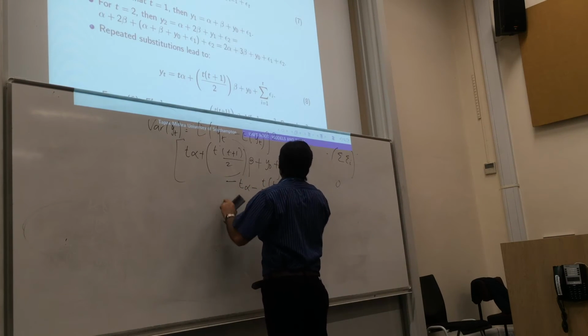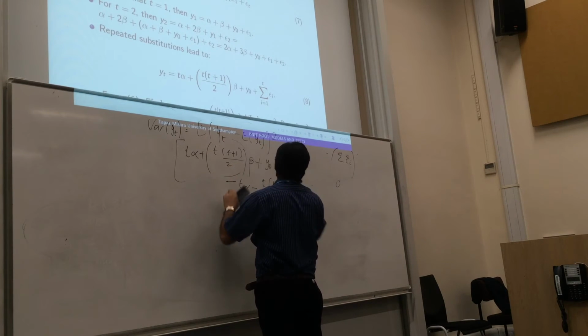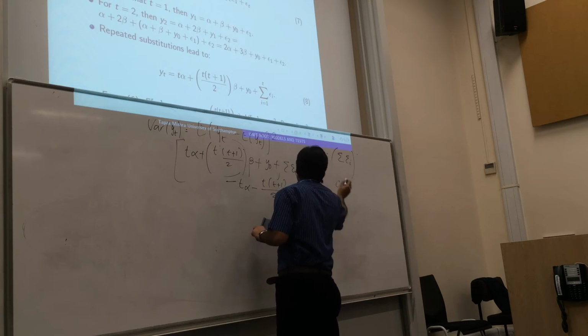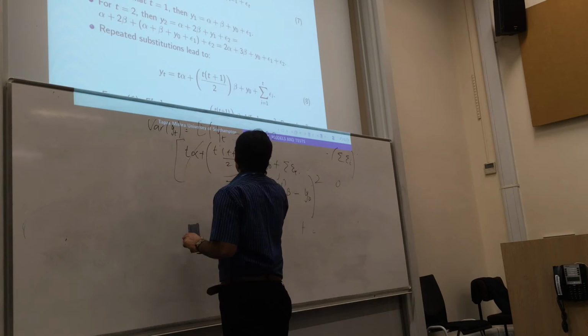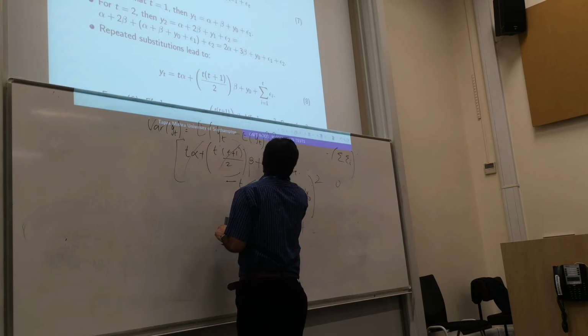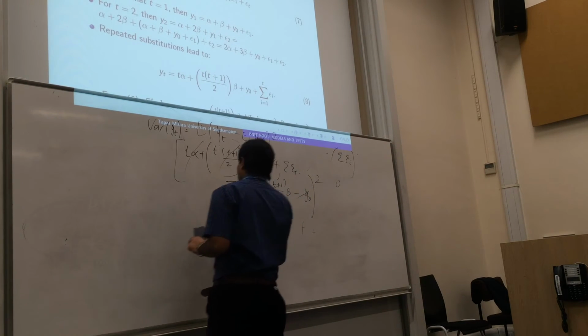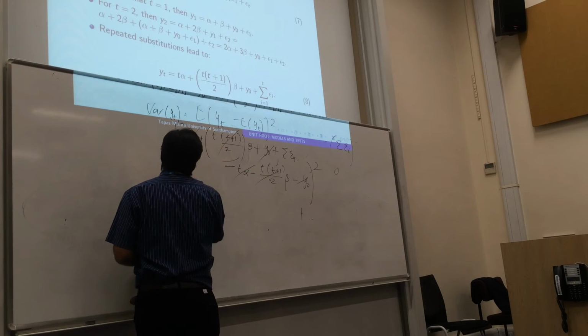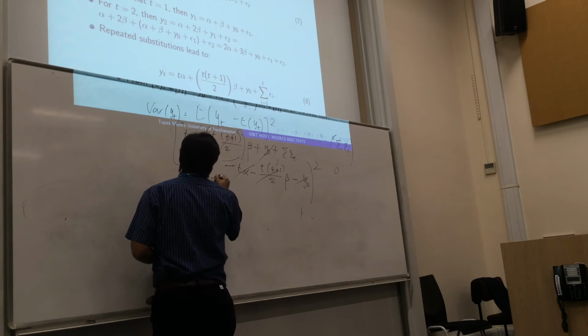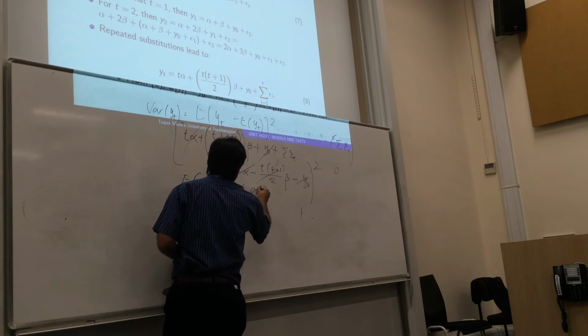So this is your expectation of y. Then take the square. This cancels. What is remaining here again? The expectation of epsilon is squared, which is this much.